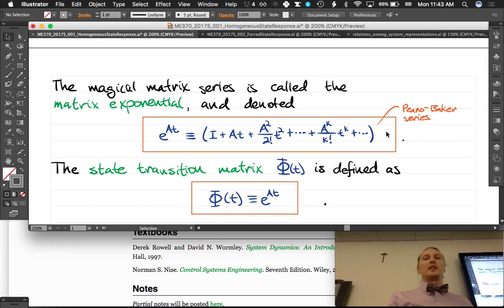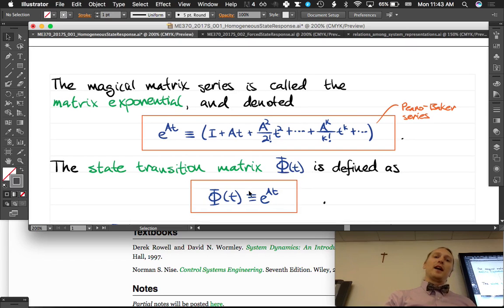And the series actually has a name. It's called the Peano-Baker series. Kind of a famous series. And the state transition matrix, phi, is defined as being the matrix exponential. Okay?